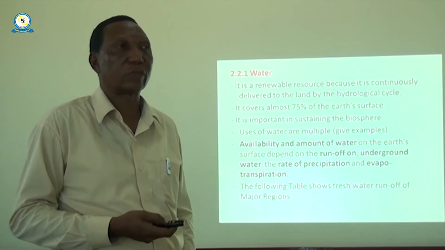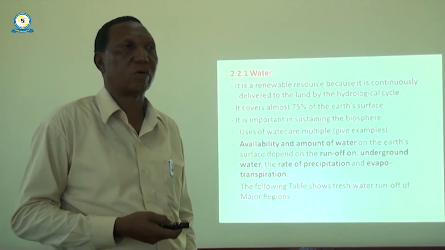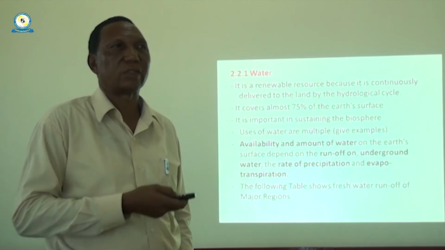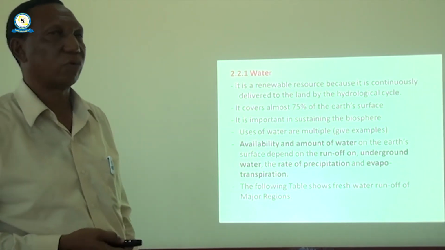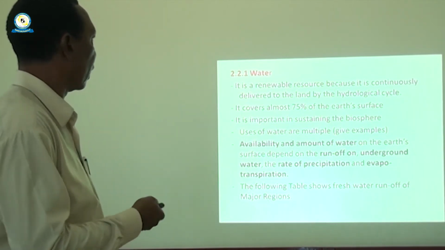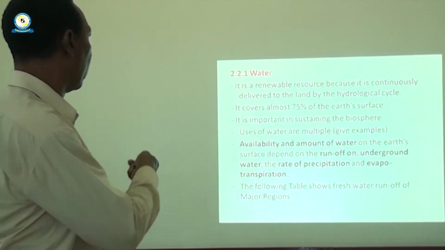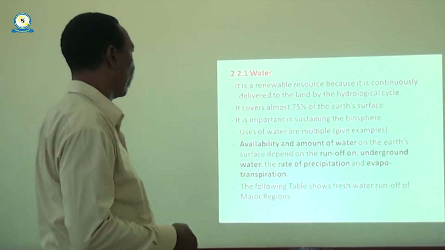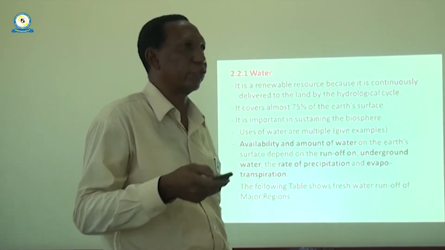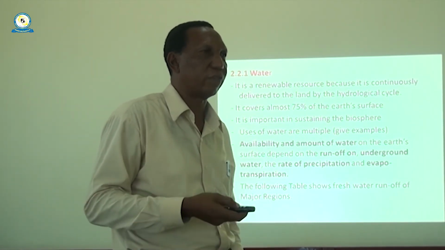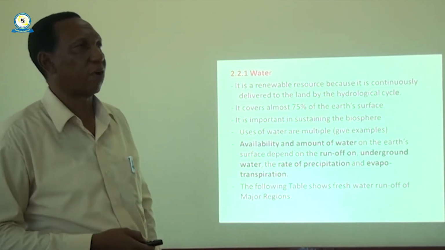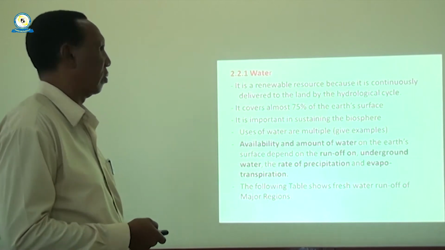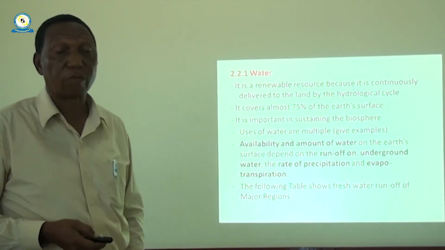Not all areas get this hydrological cycle throughout the year, and as we shall see later on, this is now becoming a problem due to climate change. But at least we have the hydrological cycle. Water covers almost 75% of the Earth's surface, all the oceans, lakes, rivers, and drainage systems, they constitute almost 75%.